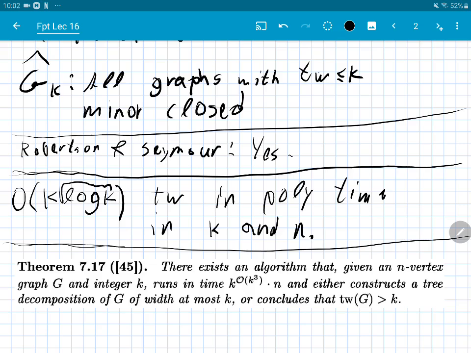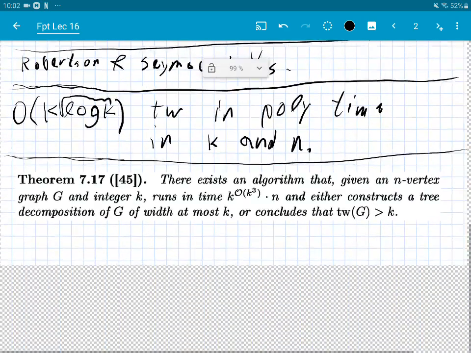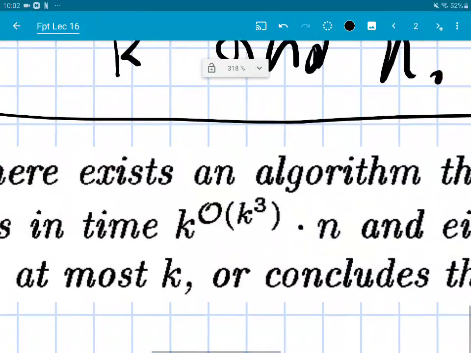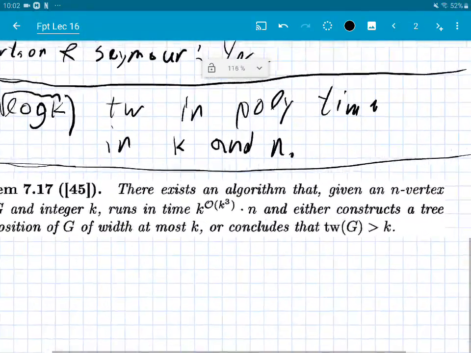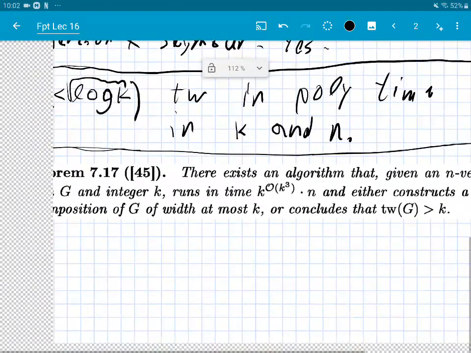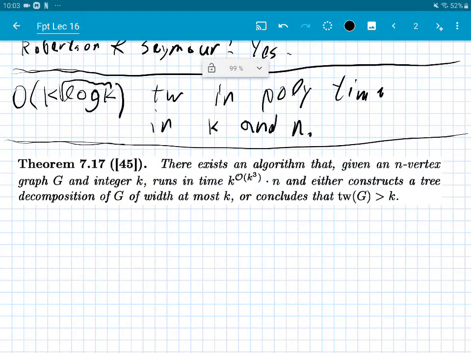Okay, so currently the best result known, according to the book, is an algorithm that computes a tree decomposition of width k, if it exists, for a graph. So the running time is of course quite bad. So the game is of course going to be how to improve the dependency on this parameter k in the running time. We would like it to be as good as we can get it.